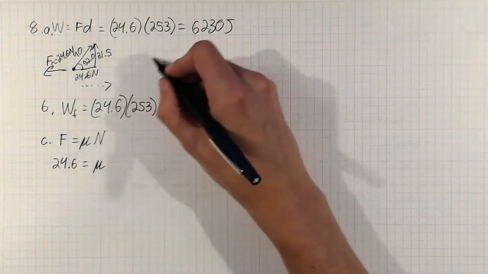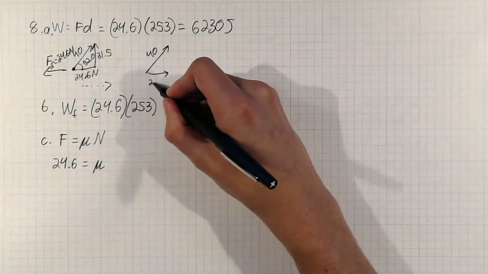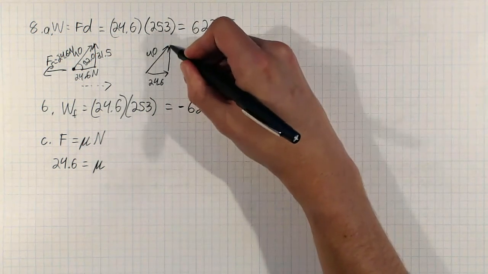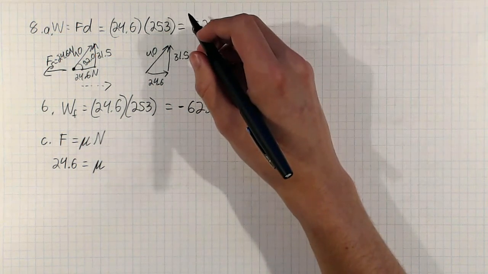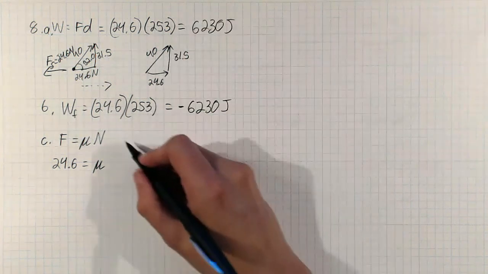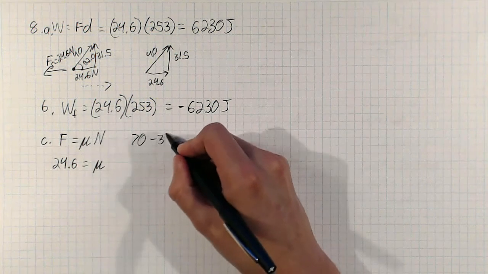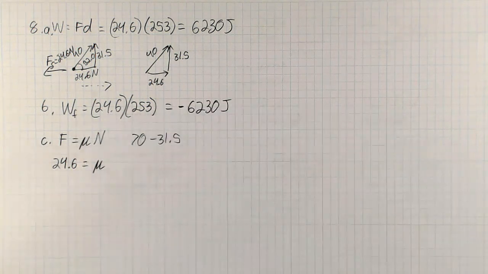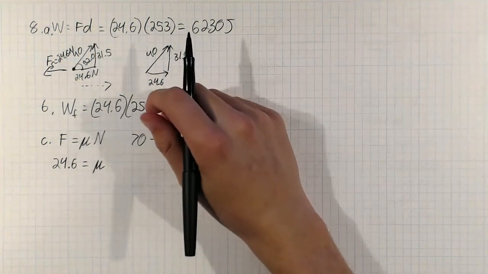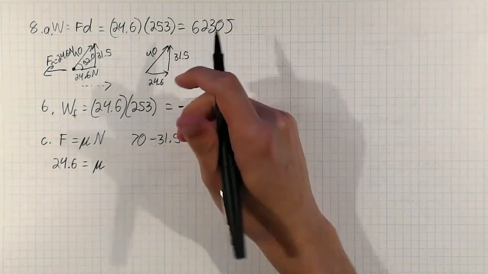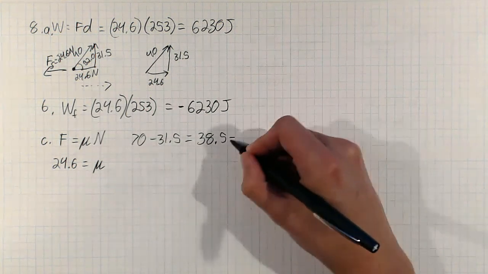Because if you split up her force, it's 40 newtons at an angle, which splits up to 24.6 horizontally and 31.5 vertically, which means that the normal force provided by the floor is actually 70 minus 31.5, because the flight attendant is providing these 31.5 newtons of upward force, so the floor only has to provide 38.5 newtons of upward force, which is equal to our normal force.